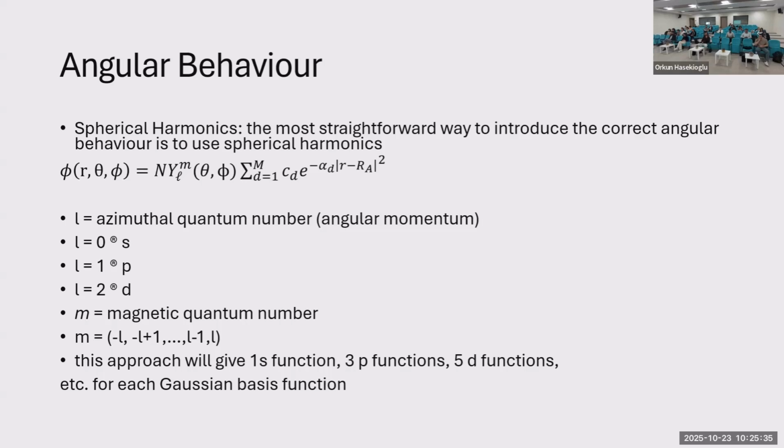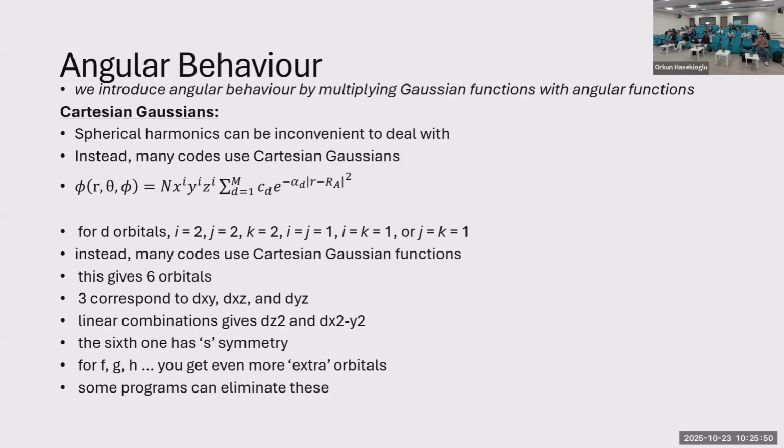It goes from minus L to plus L. This approach will give one S function, 3 P functions, 5 D functions, etc., for each Gaussian basis function. So we introduce, as we said before, the angular behavior by multiplying Gaussian functions with angular functions.